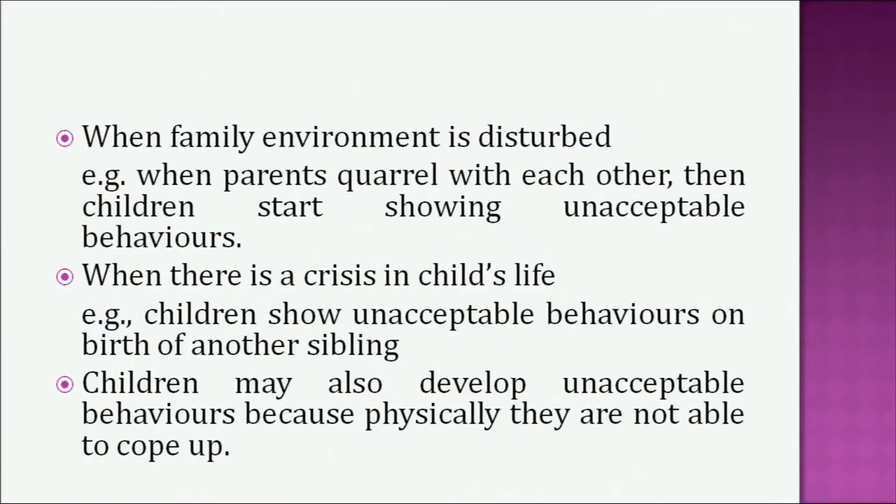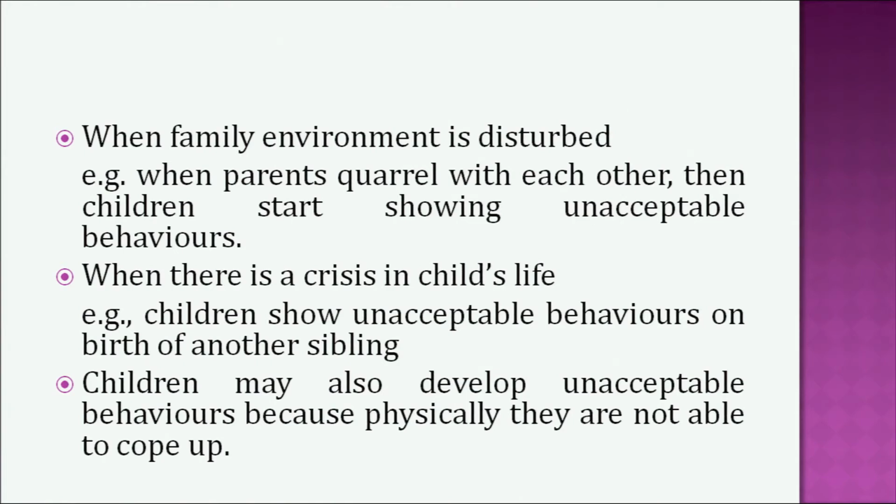A disturbed family environment is another reason for a child's misbehavior. That is, when the child sees parents quarreling with each other, then the child starts showing unacceptable behavior. When there is a crisis in a child's life, the crisis can be anything. For example, children show unacceptable behavior on the birth of another sibling.